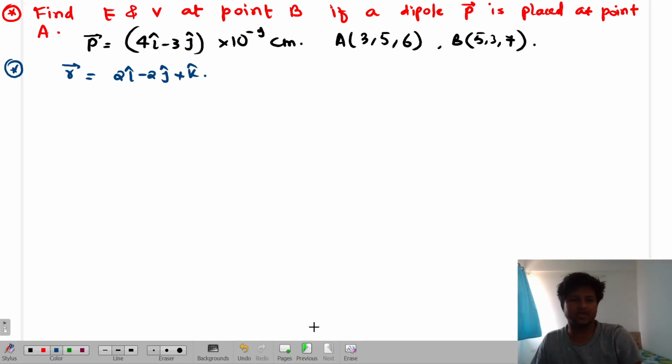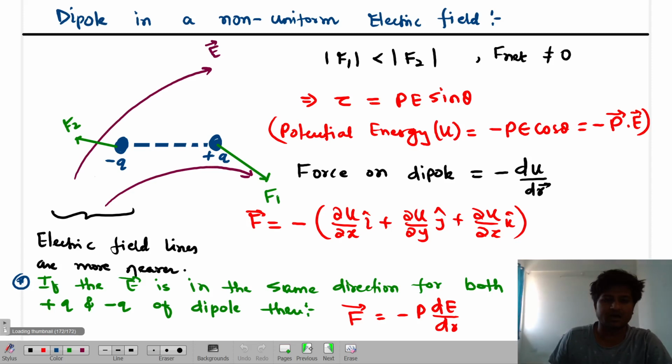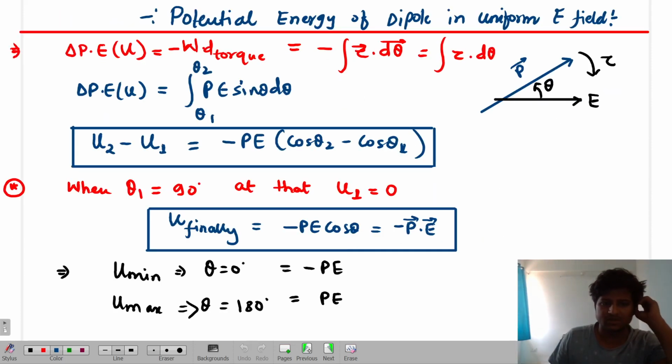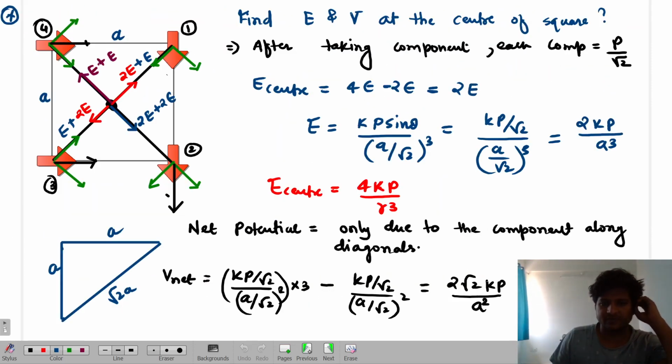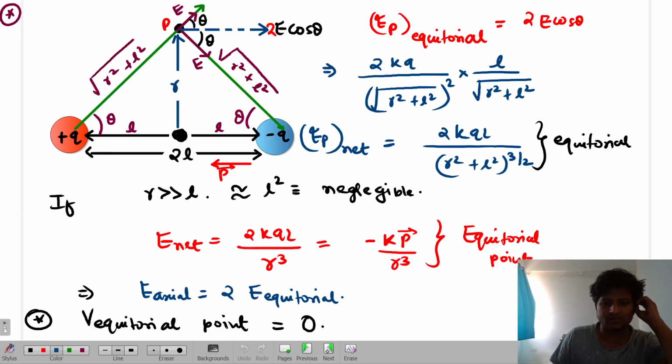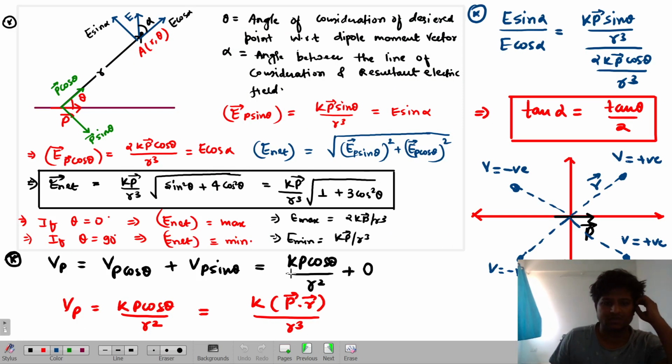Now, when you are finding electric field at any such random R vector, what is that relation? We'll have to follow this rule: E is kp by r cube, 1 plus 3 cos square theta and all, isn't it? But you do not know cos theta. Do you know cos theta?